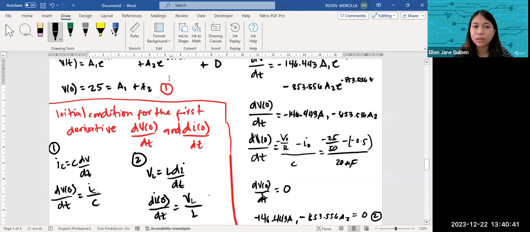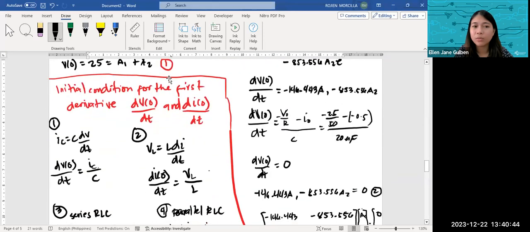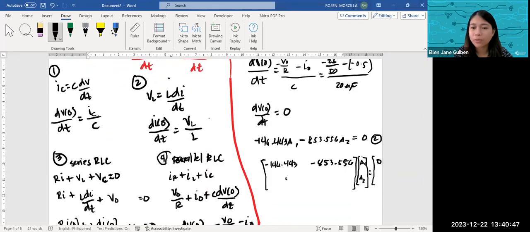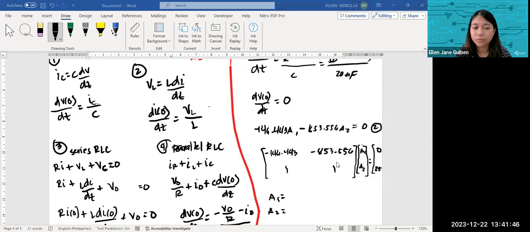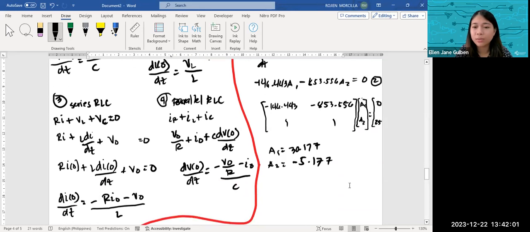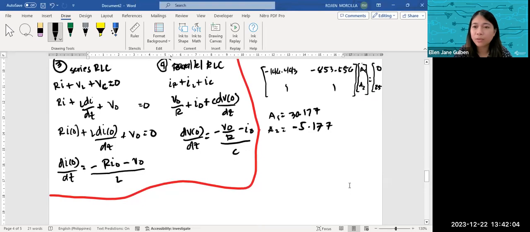The other one is 1, 1, and 20. So A1 is equal to 30.177, A2 is equal to negative 5.177. Okay, so this is our final answer now.